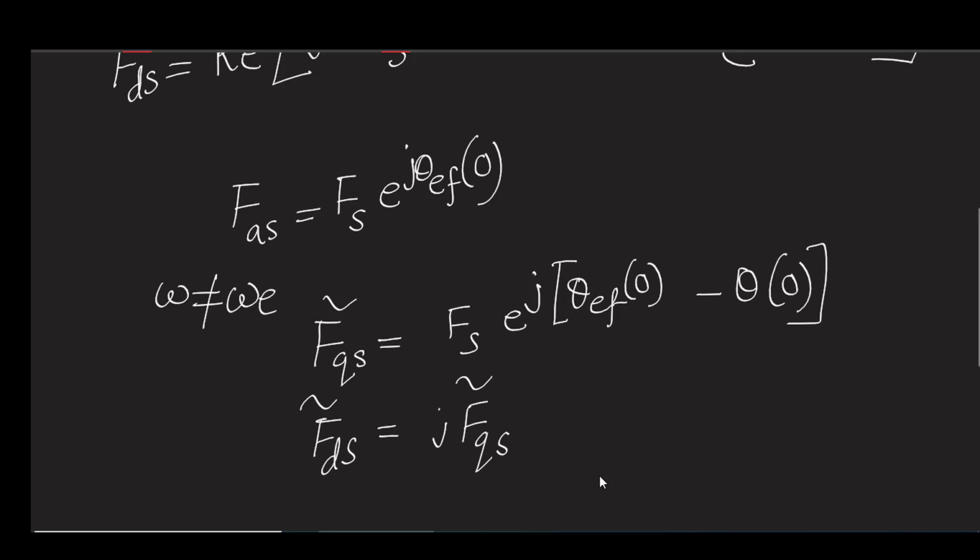Now we should consider the negative frequencies. If omega is greater than omega_e, then what would happen? The phasors rotate in the counterclockwise direction for omega less than omega_e, and in the clockwise direction for omega greater than omega_e.